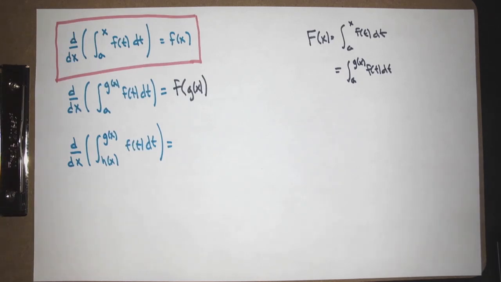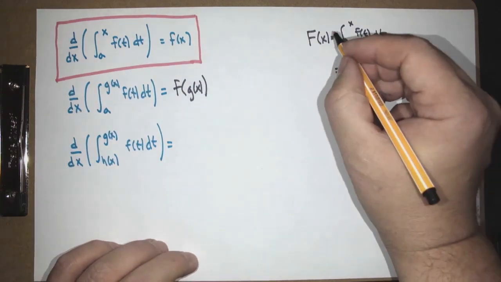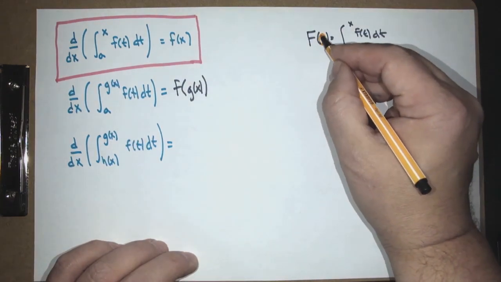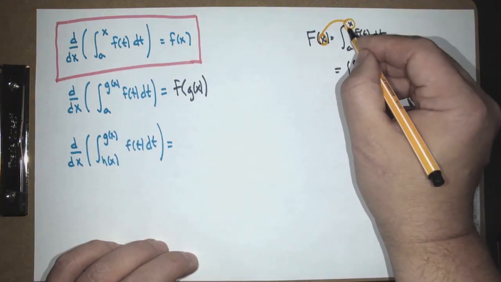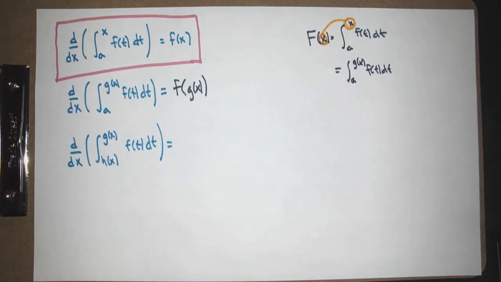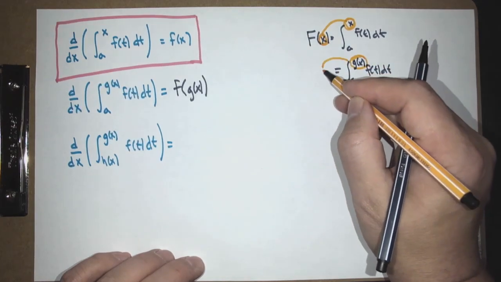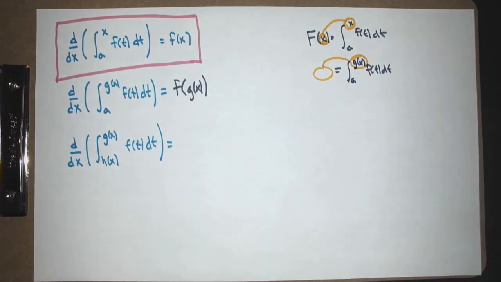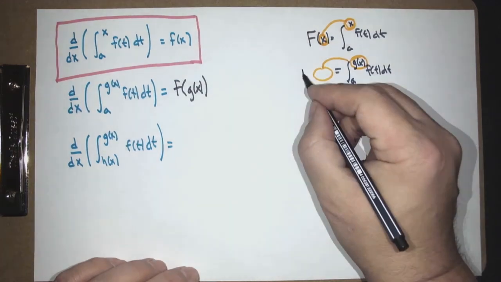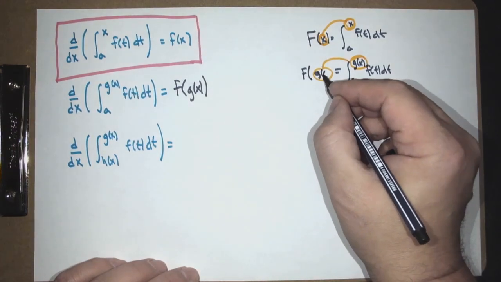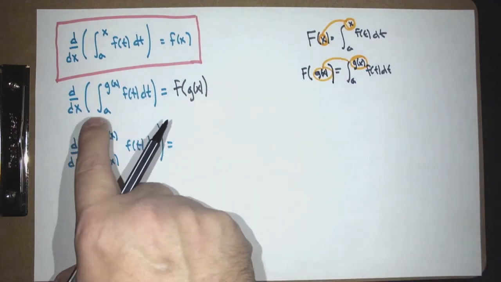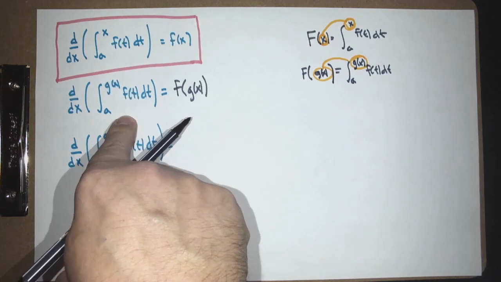It would be F of g of x. Like this says, whatever you plug in here goes upstairs. That's the rule. Well, here, what's being plugged in upstairs? g of x. So, running it backwards, that's what we plug into F. Now, that's this expression here.